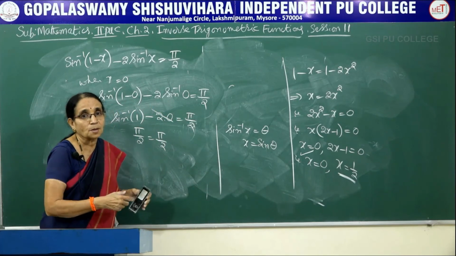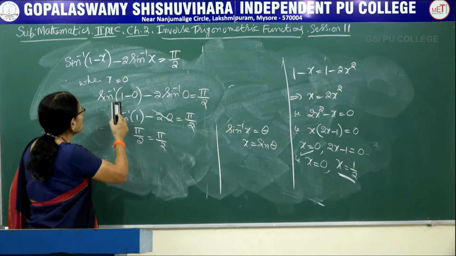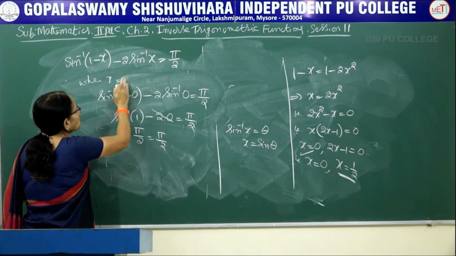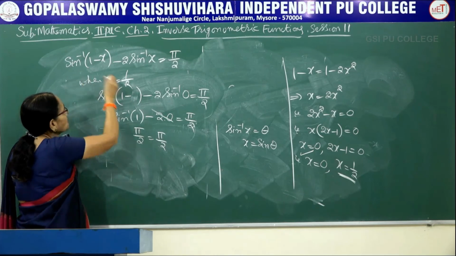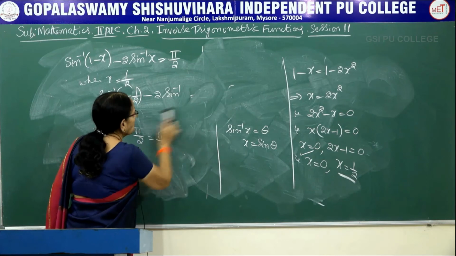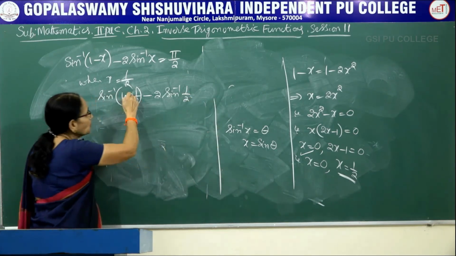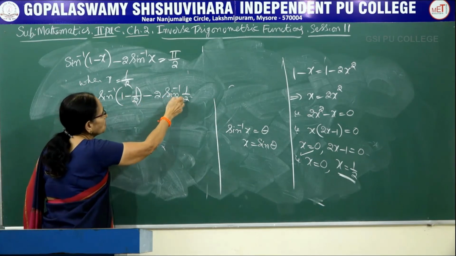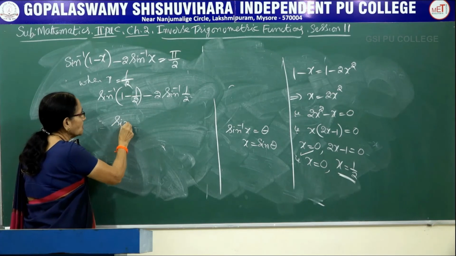Suppose you give x is equal to half. Usually they don't ask you to verify x is equal to half. Suppose I give here x is equal to half. Let us see what happens here. Sin inverse of 1 by 2 and then here again sin inverse of 1 by 2. Sin inverse of 1 minus 1 by 2 minus sin inverse of 1 by 2. 1 minus 1 by 2 means half again.